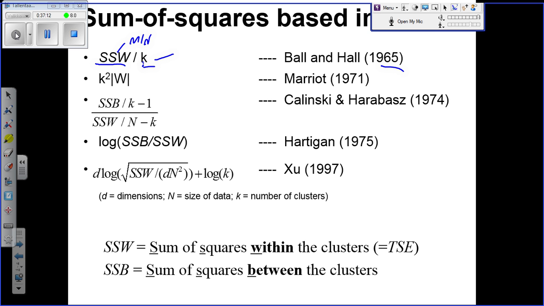The k somehow normalizes the effect of the SSW as we increase k. It might be divided by k, but SSW goes down the more we add k. The bigger the k, the smaller the error, and the bigger the k, the smaller the whole thing. It sounds like it would make more sense if we multiply. Yeah, but it's also not that good.